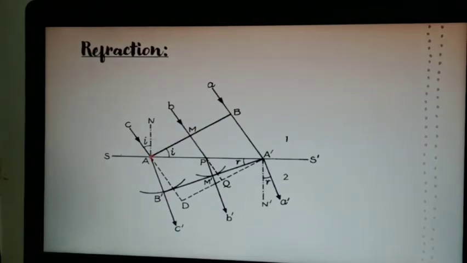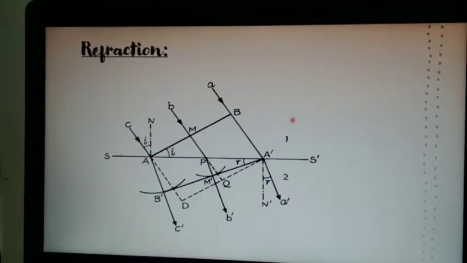See, already at the point A, light ray C has reached there, which makes an angle I with the normal drawn according to the ray diagram. See, the wavefront is making an angle I here with the separation S dash. Okay, see, from the point A, the light ray has to travel in the second medium.